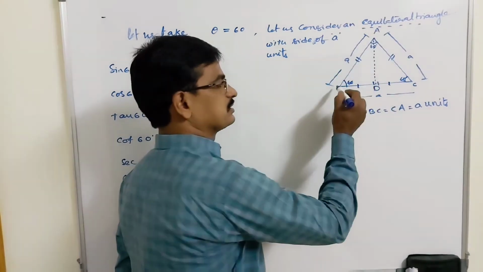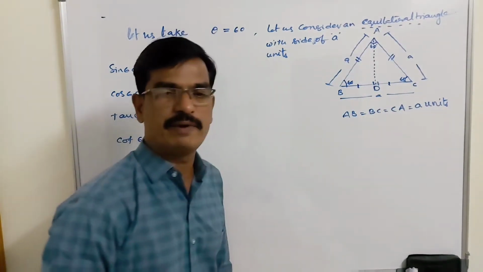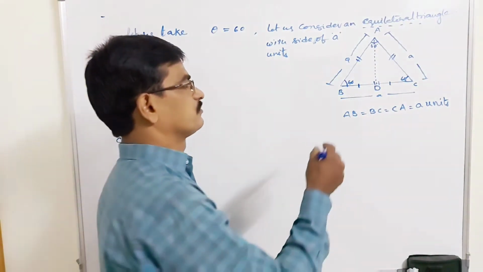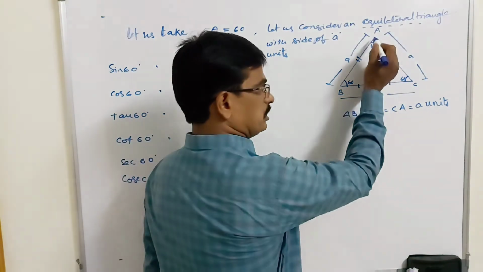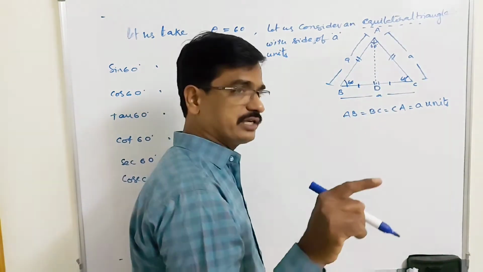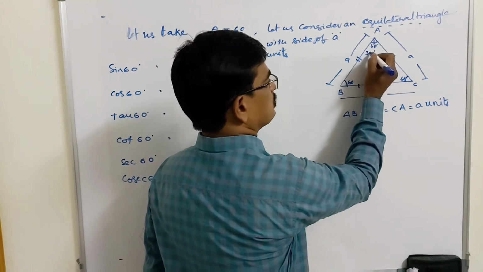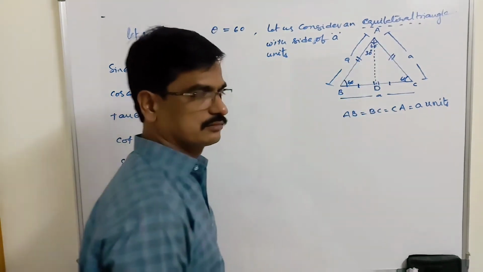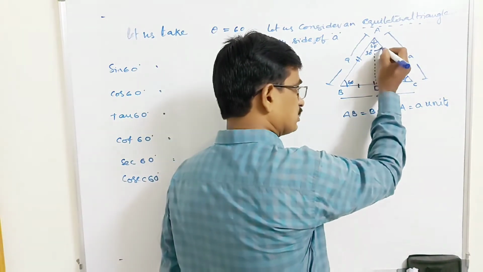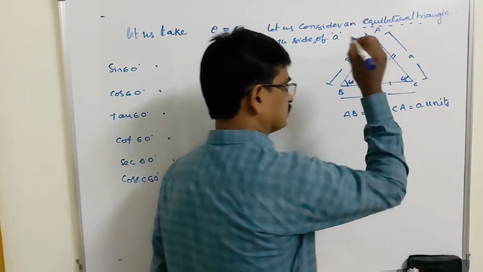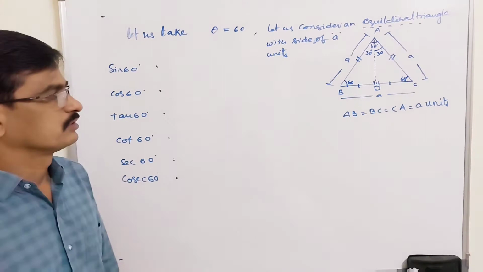AD bisects BC. And AD also bisects angle BAC, so here it is 30 degrees, from here to here 30 degrees. Okay.